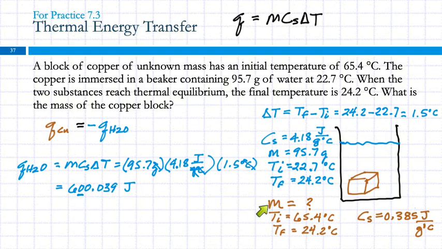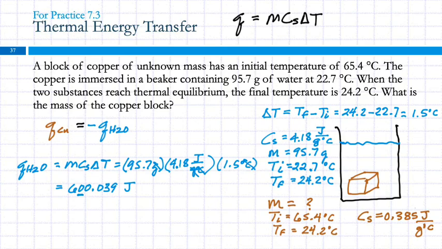What I'm trying to find is the mass of the copper block. I found Q for the water. I have this relationship between Q for the water and Q for the copper. So I have Q for the water, and this is negative Q for the water.